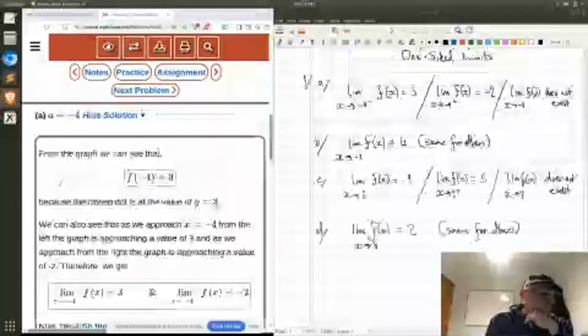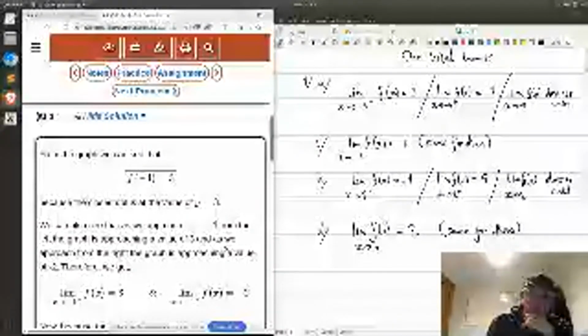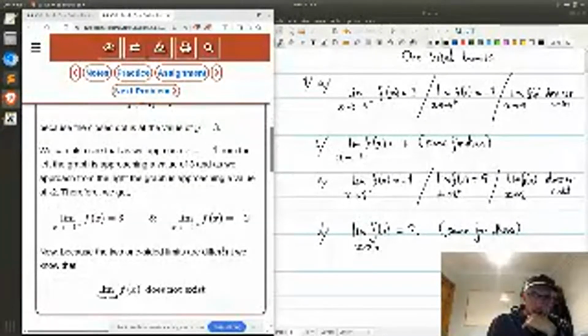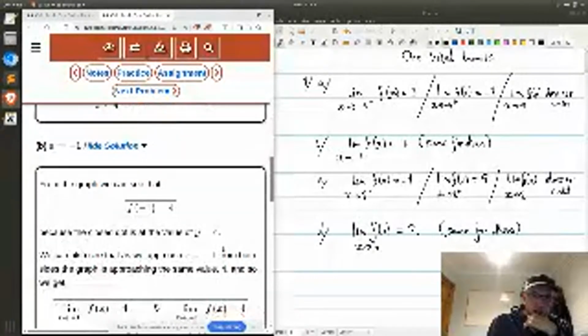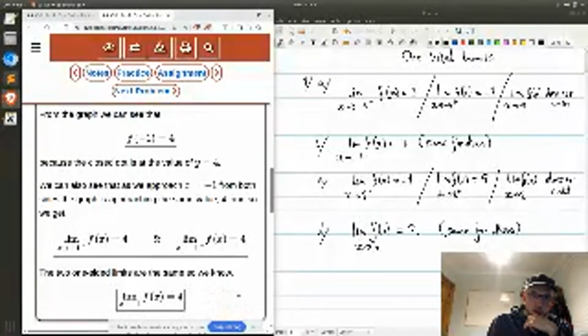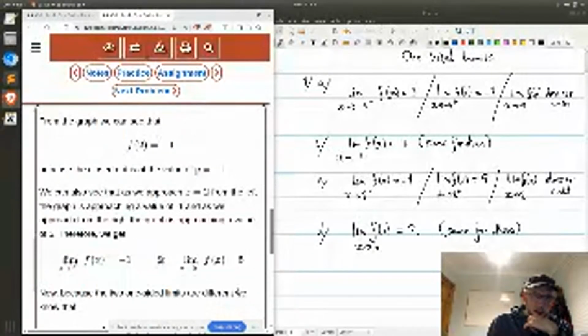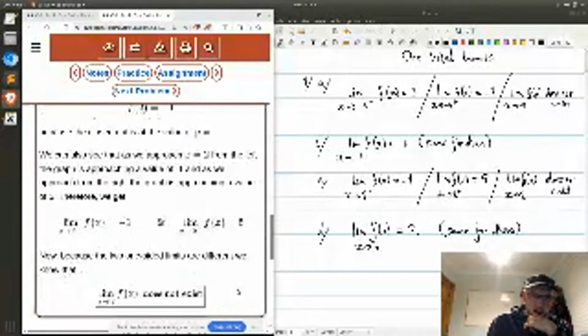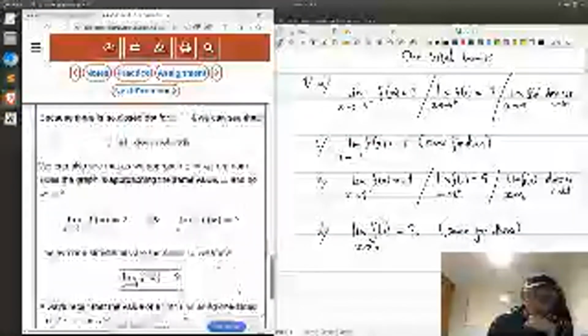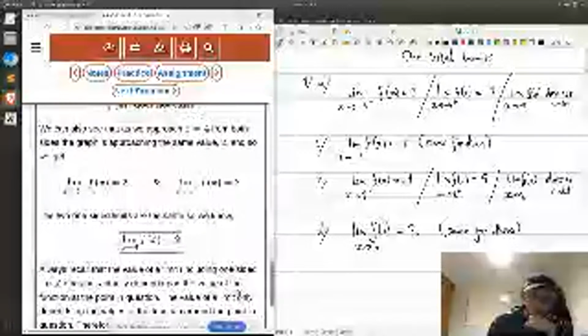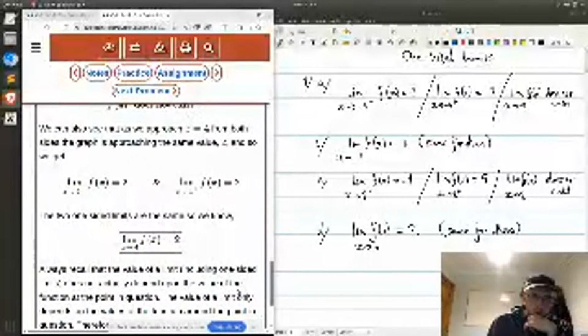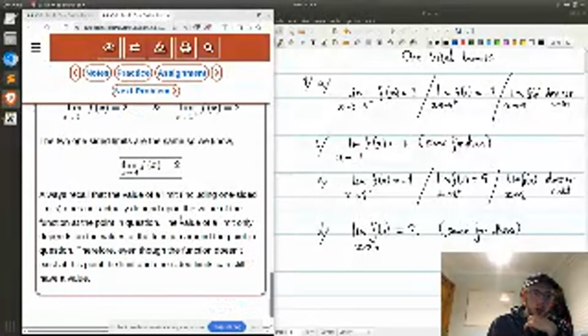Check, check. 3, -2 does not exist. Good. 4, 4, 4 exists. Okay, great. -1, 5 does not exist. Agreed. 2, 2, two one-sided limits, so we know. Okay, so that's good.